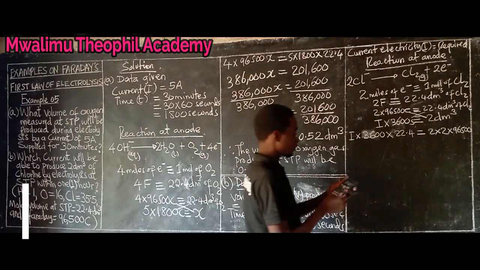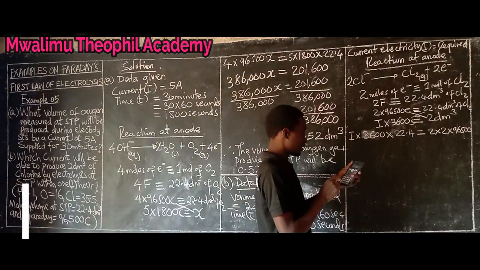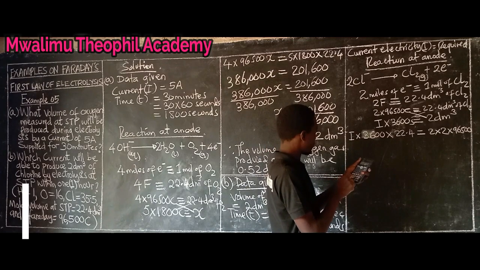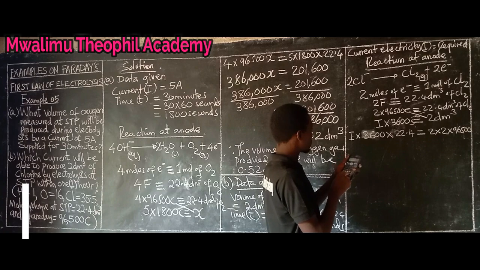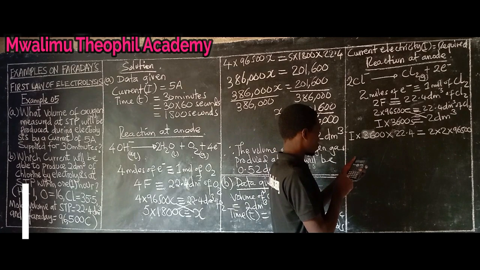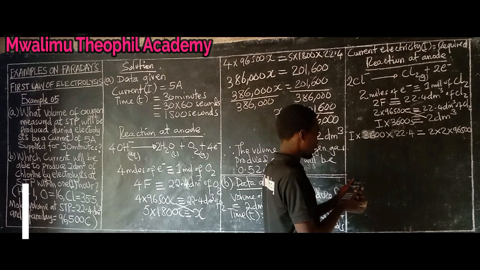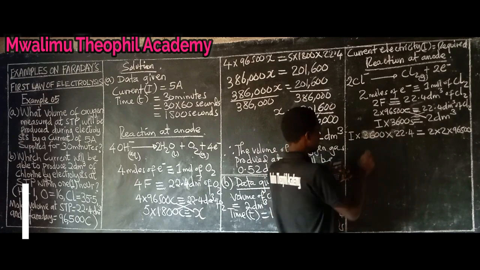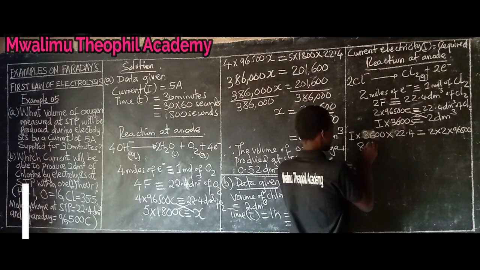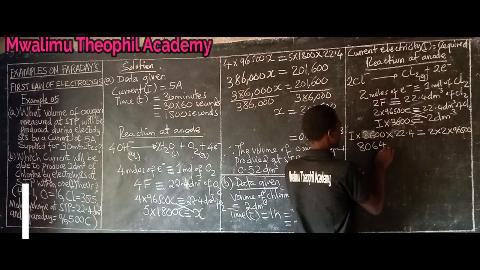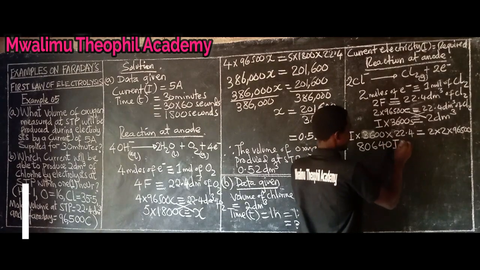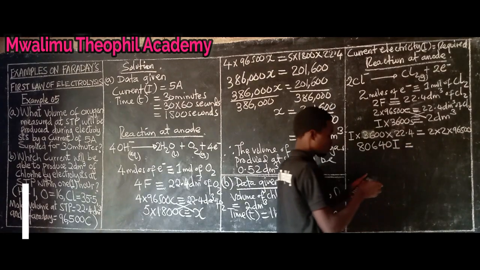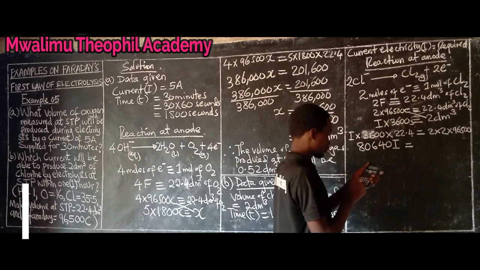Let us take the values on the left hand side and right hand side. On the left hand side we have 3,600 times 22.4, and we get 80,640 times I. On the right hand side we have 2 times 2 times 96,500.